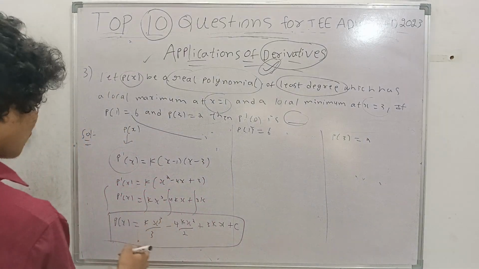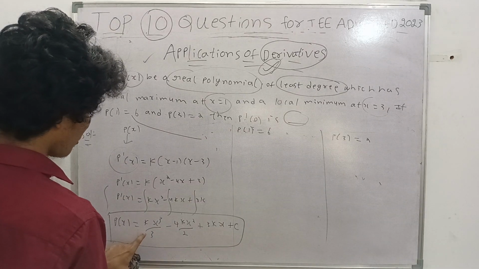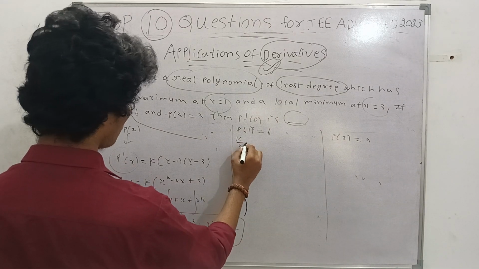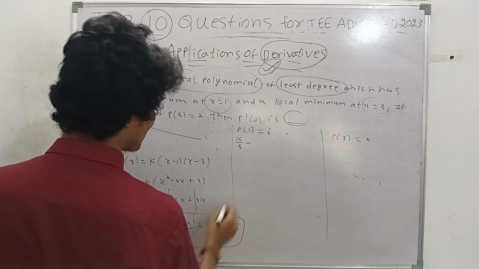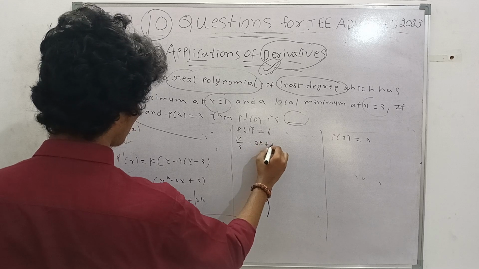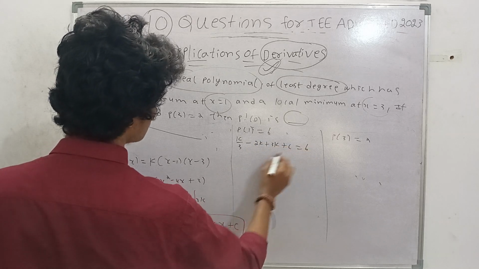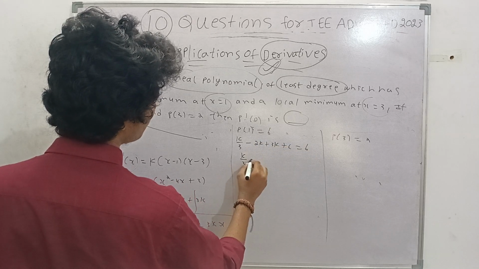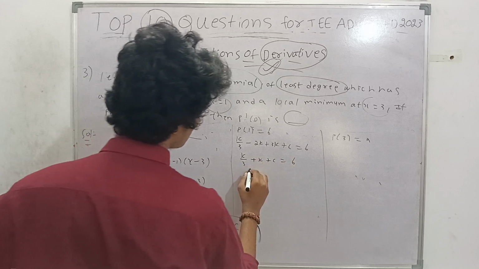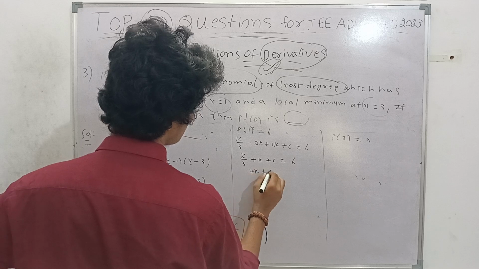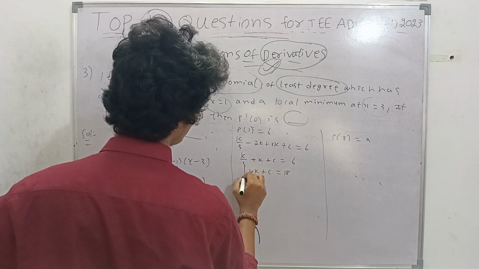Now let's see P of 1. When we apply 1 here, it will be k by 3 minus 2k plus 3k plus c equal to 6. So k by 3 plus k plus c equal to 6, that is 4k plus c equal to 18.